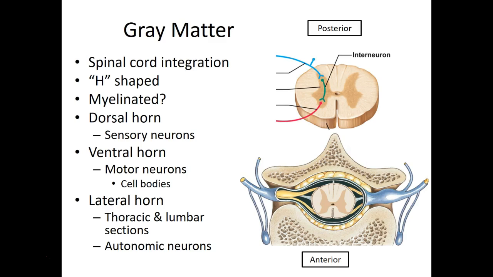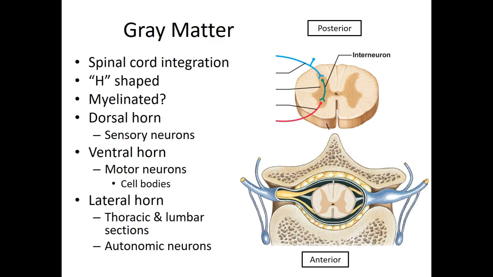So it turns out some of these other neurons that are important for regulating smooth and cardiac muscle, they start off here in the spinal cord, specifically here in the ventral horn, and some of them are going to be starting off in the lateral horn.